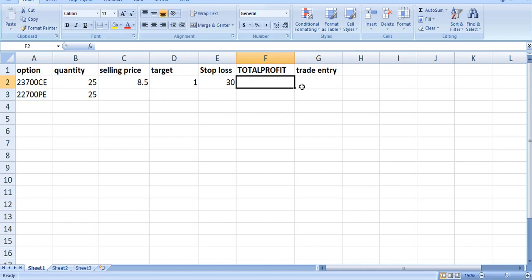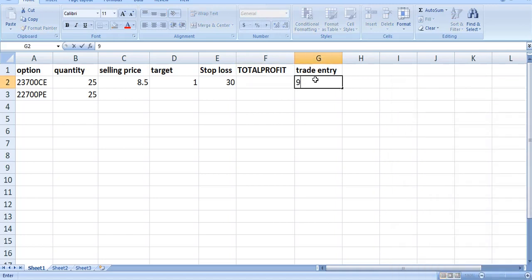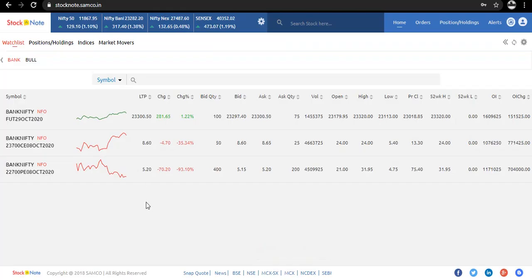So we are placing the order at time 9:54 a.m. Okay traders, so when I press enter, our trade will be initiated. So okay, we have entered the 8.5 limit order. Here we will see that it is trading at 8.50, so our order has been placed for the 23,700 call.